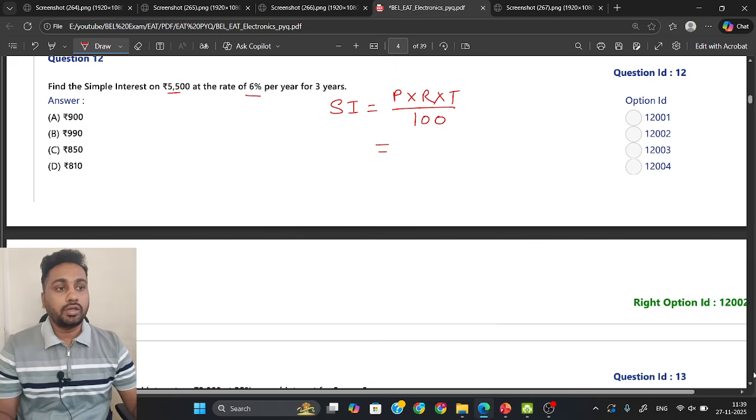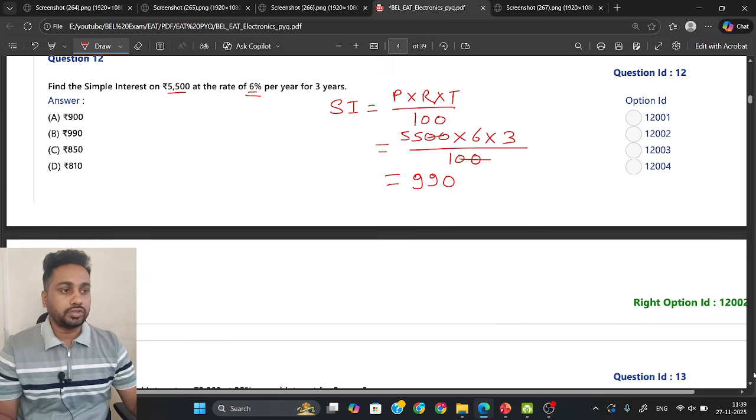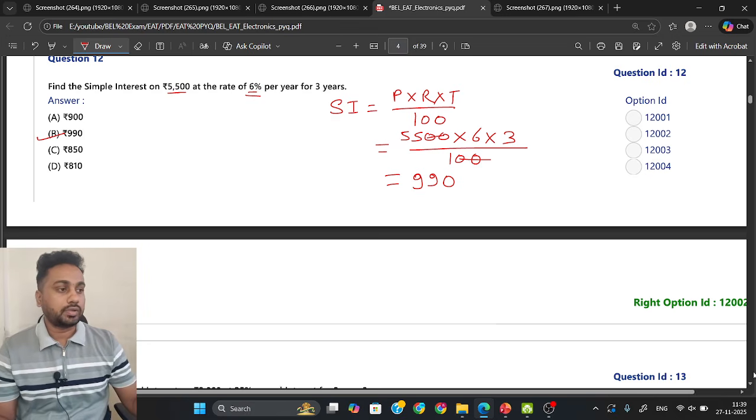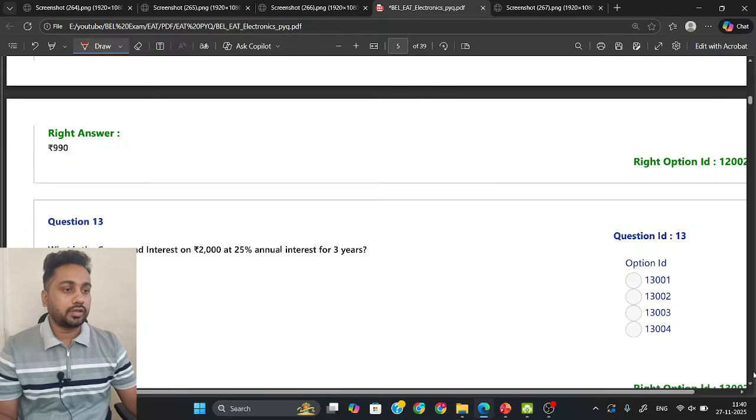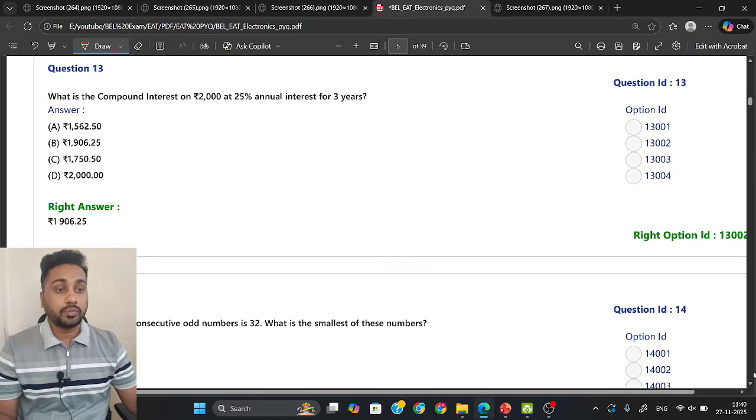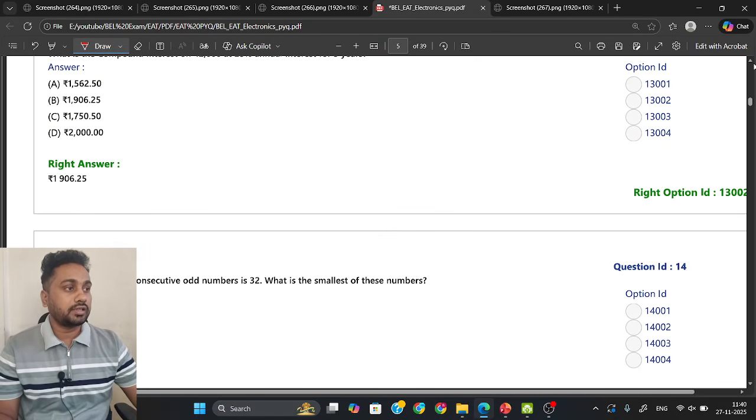So P we have 5500, R we have 6%, time we have 3 years, divided by 100. The zeros cancel, and if you calculate, you will get 990 rupees. So option B, 990, is your answer. So simply put the formula, get the answer, things like that are there in the exam.